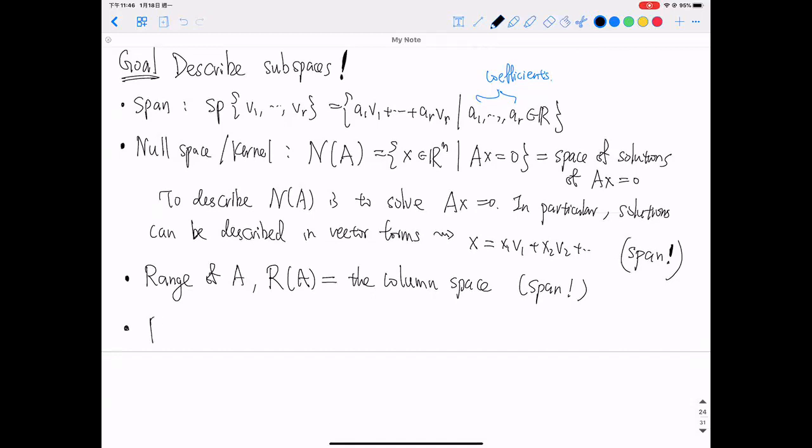Also, even the whole space Rn itself can be written as a span.